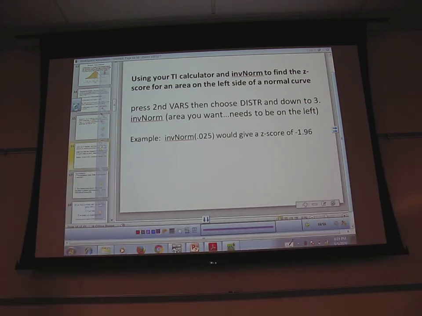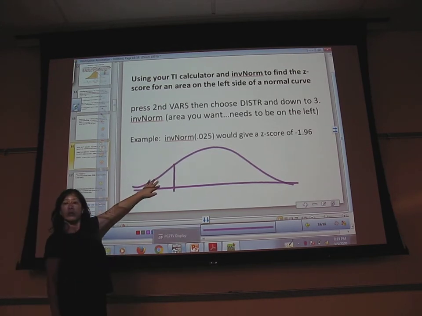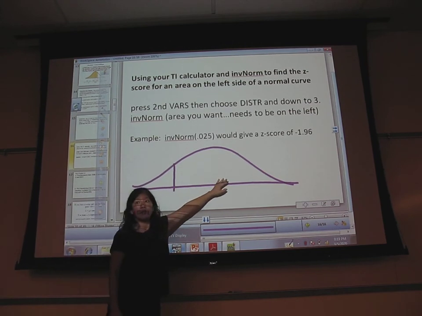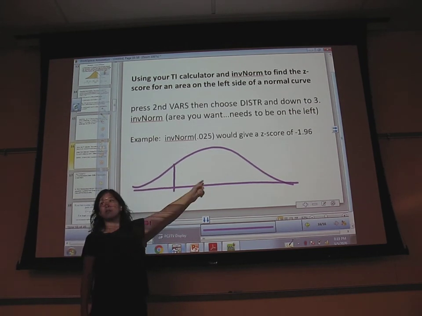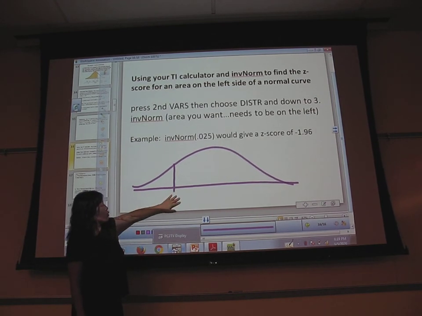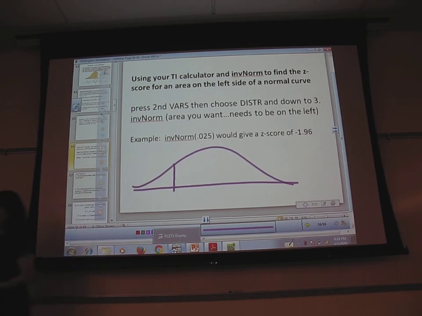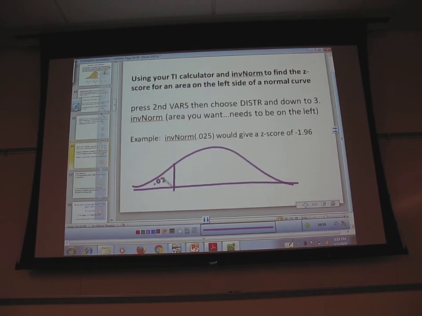So here, for example, is a z-score. There is an area to the left of it, and there is an area to the right of it. These two areas should add up to what? 1. Great. So whatever the z-score is, it'll have an area to the left and an area to the right. In this case, let's say this area is 0.025.